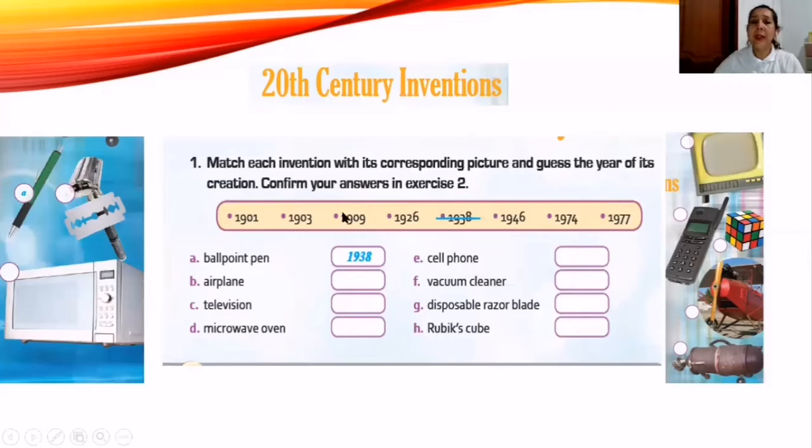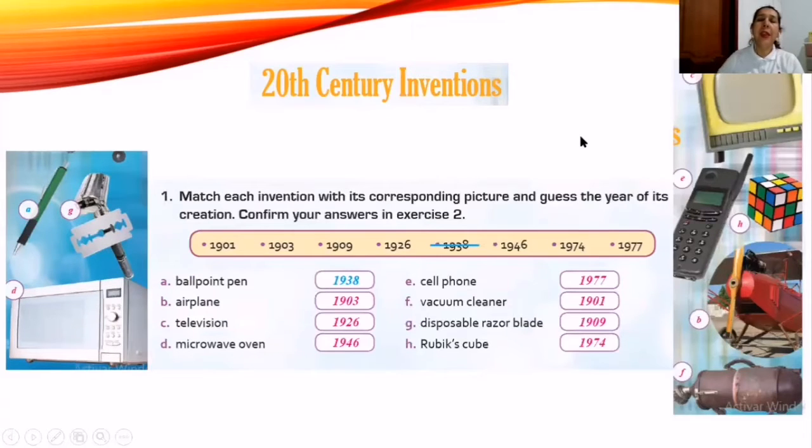They are going to identify the year, which invention corresponds, and match it with the picture. So in this case, that is the correct answer. The light bulb is in 1938, the airplane is in 1903, television 1926, and so on. That's a good moment for the teacher to explain how students should say the numbers of the year.